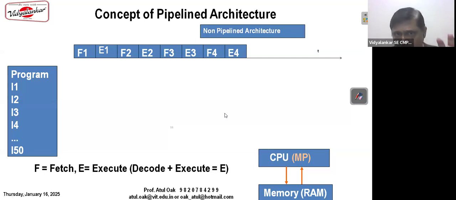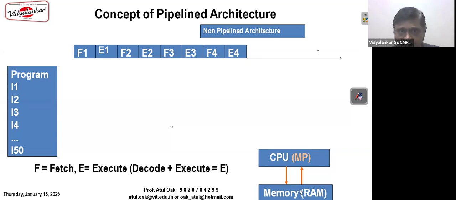Second disadvantage is, if you observe and listen carefully, when you are fetching instruction, here you are fetching instruction, here you are fetching, here you are fetching. When you are fetching instruction, there is no major work for your microprocessor, because fetching refers to memory.